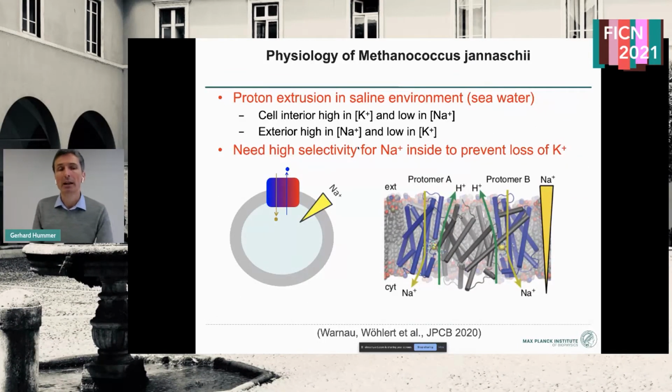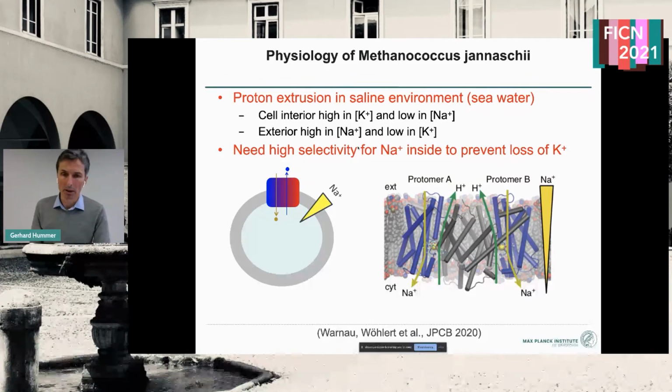But we think, again, without having any direct evidence, that this makes a lot of functional sense. The organism is in a saline environment where the cell interior is high in potassium and low in sodium, and the exterior is high in sodium and low in potassium.